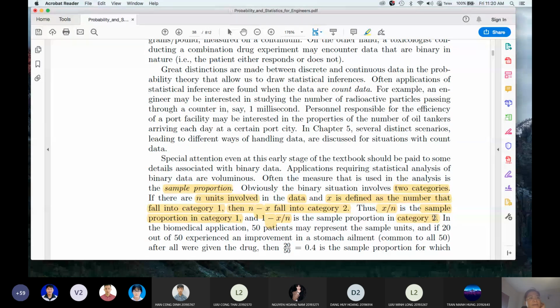Example: our class has 60 students, and 50 students are men. That is category 1, and 10 students fall into the girl category, or category 2. So we have 50 over 60, which is 5 over 6, as the sample proportion in category men, and 10 over 60 is the sample proportion in category 2.